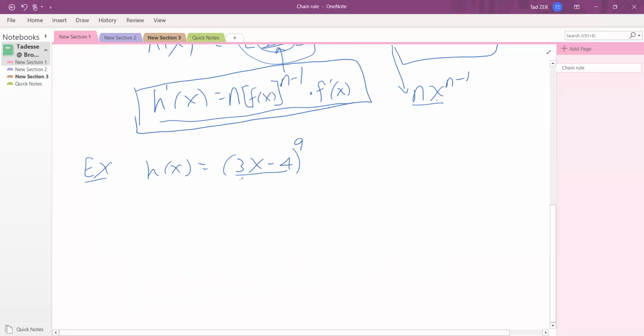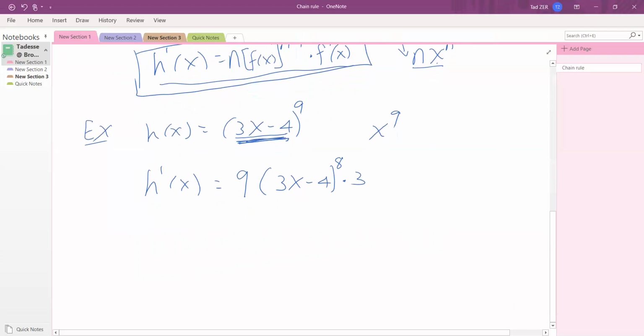The inner function is 3x minus 4, and the outer function is x to the power of 9. So the derivative becomes 9 times 3x minus 4 to the power of 9 minus 1, which is 8, times the derivative of the inside, which is 3. This is a special case of the chain rule, which we call the general power rule.